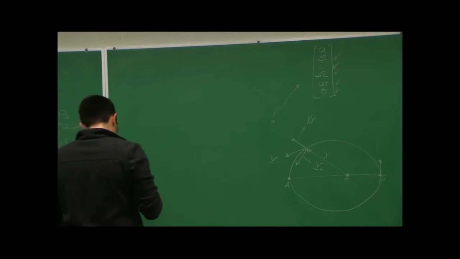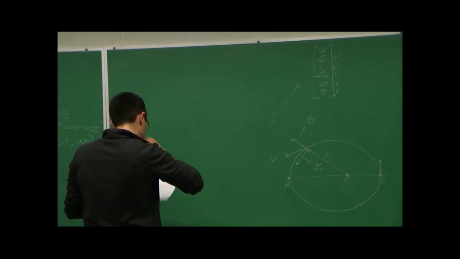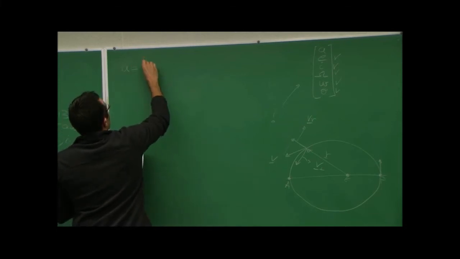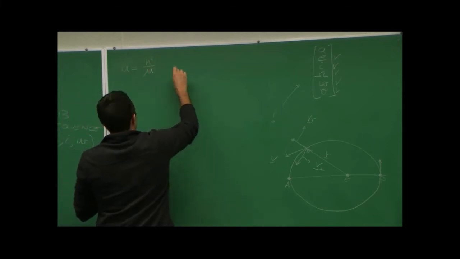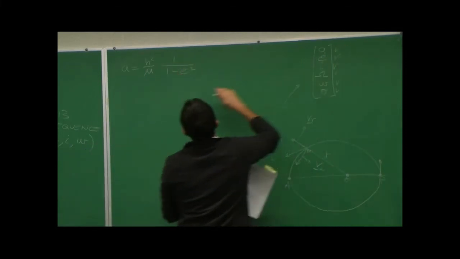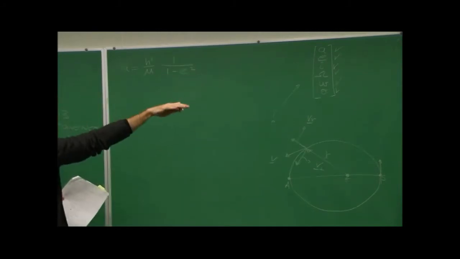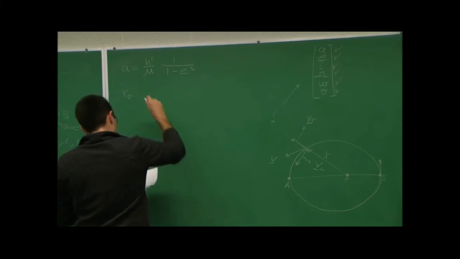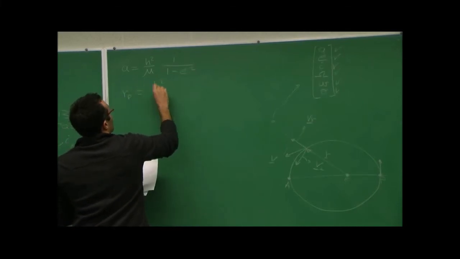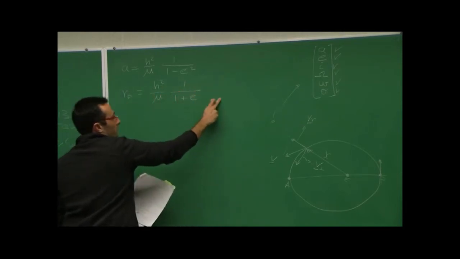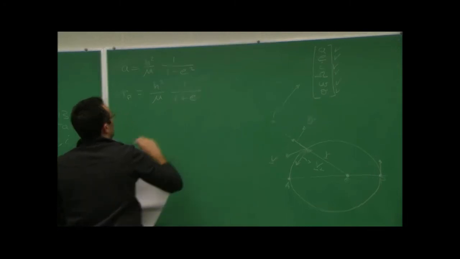Okay, so let's see what I've done here. There's several ways to get it, so I'm going to just tell you that A is H squared over mu, times 1 over 1 minus E squared. So this will be covered because you have everything. H, you computed it. E is given. This is coming from, for example, the following. The radius of perigee is H squared over mu, times 1 over 1 plus E. There will be a cosine of theta here, but at perigee theta is 0.